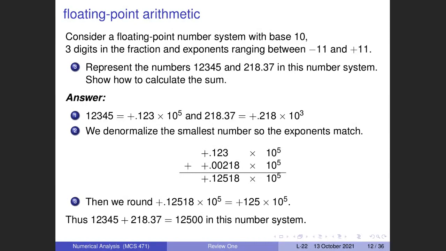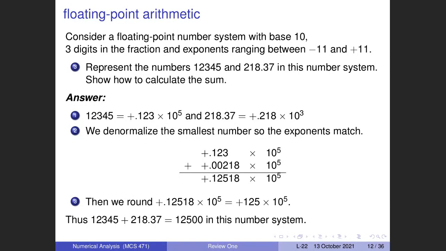So that means that 12,345 gets abbreviated to 123 and then with 2 zeros after. We do not also lose accuracy when we are representing the first number.